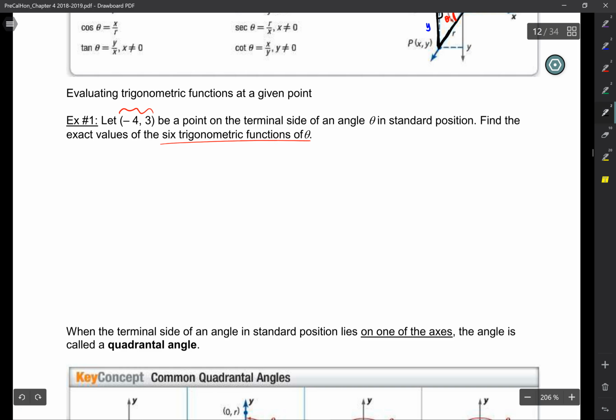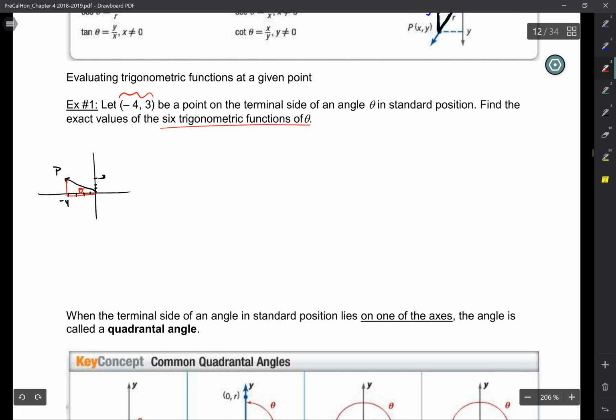I'm going to draw a diagram once. -4, 3. Here's where P is. And theta always goes in between the x-axis and the terminal side. And so now here I have a little triangle. Okay? So how much is R in this case?